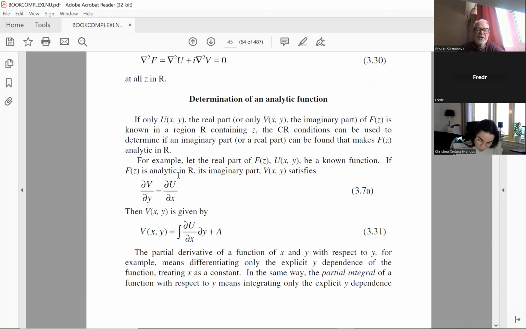Because we have the Cauchy-Riemann equation, it connects the imaginary part and the real part. It is clear that if you know one of them, for example the real part, by integrating the equation we can get the imaginary part. In this formula x is considered as a frozen parameter, and only dy is the integration variable. The constant of integration also depends on x.